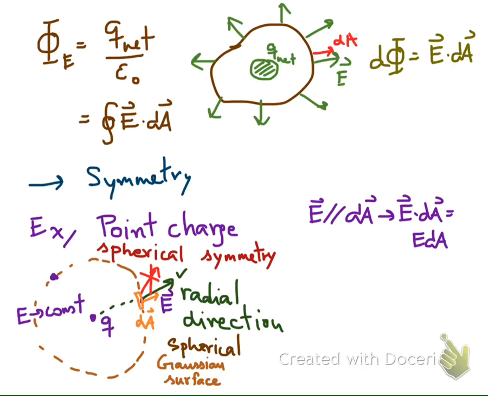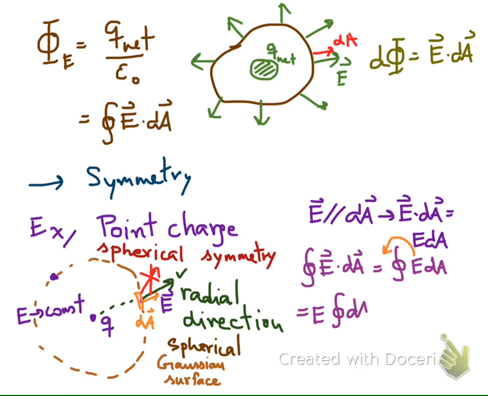This is very useful because when we perform the surface integral of E dot dA, which from this result is equal to the surface integral of E dA, and if the magnitude of the electric field is constant, we can put this E outside the integral. So we have E times the integral of dA.